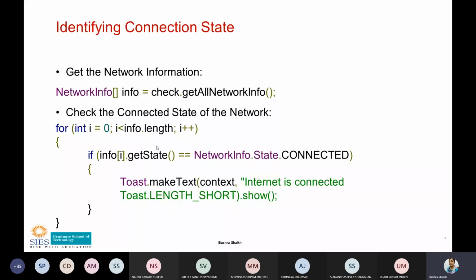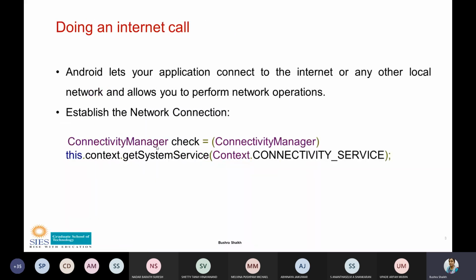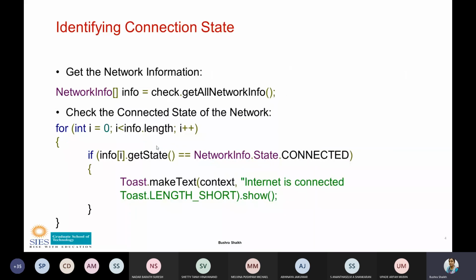So once we have got the connection established, and the system service with the connectivity service, next is to check the network information, because it may not happen that in the very first attempt you get the internet connection successfully.